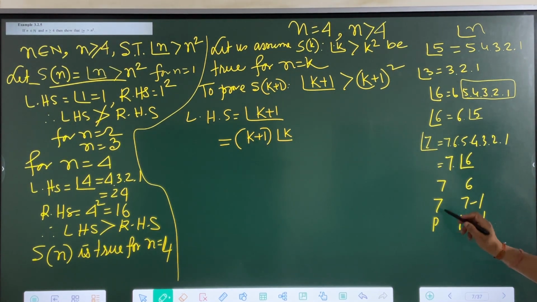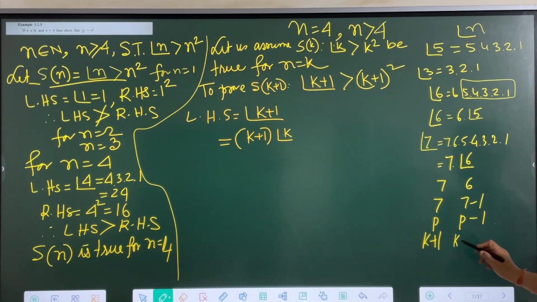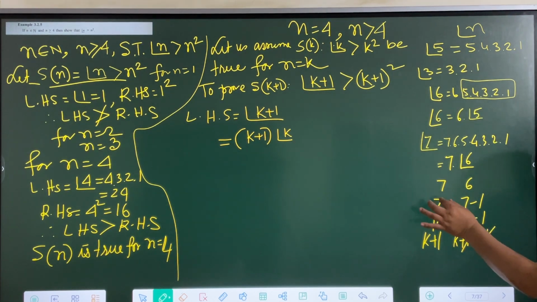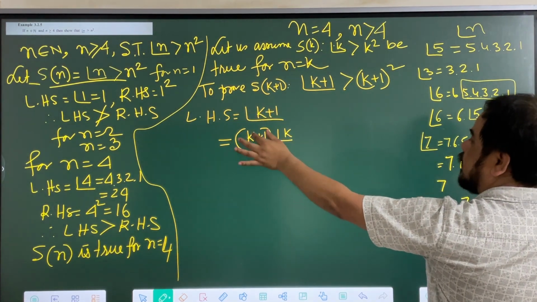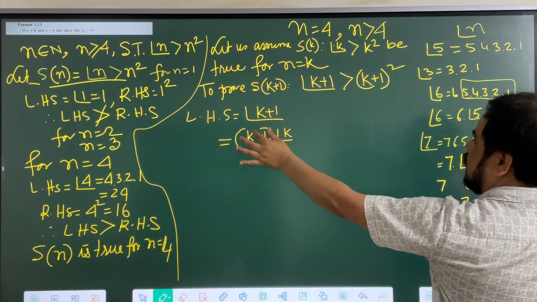In place of 7, if I write k plus 1, then it is k plus 1 minus 1. So k. I hope you understand. K plus 1 is itself 7, so this one and this one stay as it is.